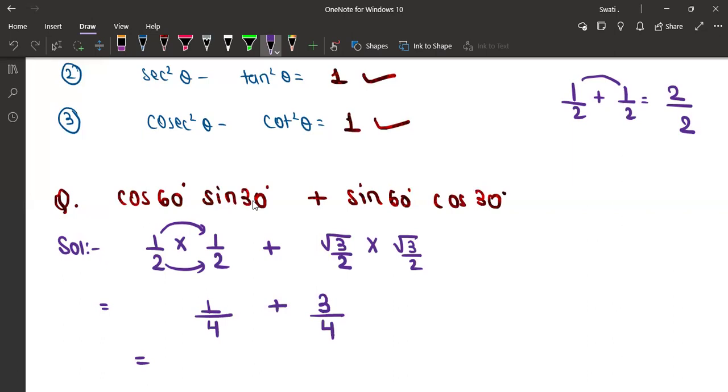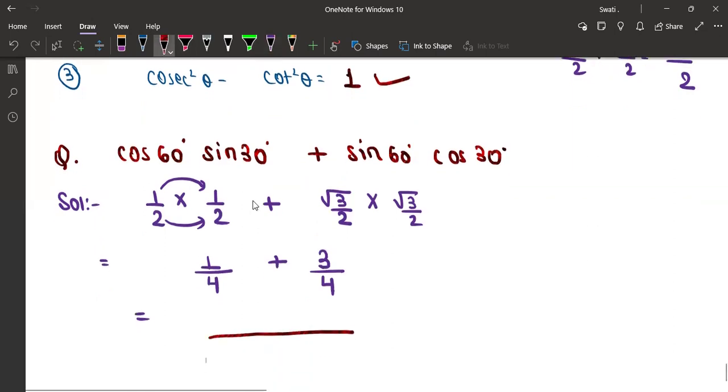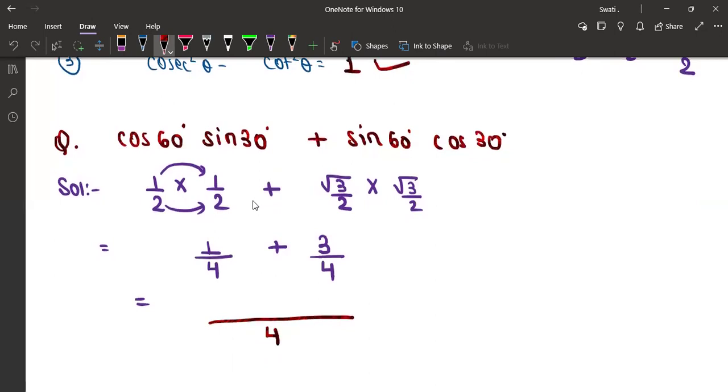Now, this is addition, not multiplication anymore. So, will you take LCM? Yes. Tell me, what's the answer? 4. And what will come in the numerator? No, 1. Very good.